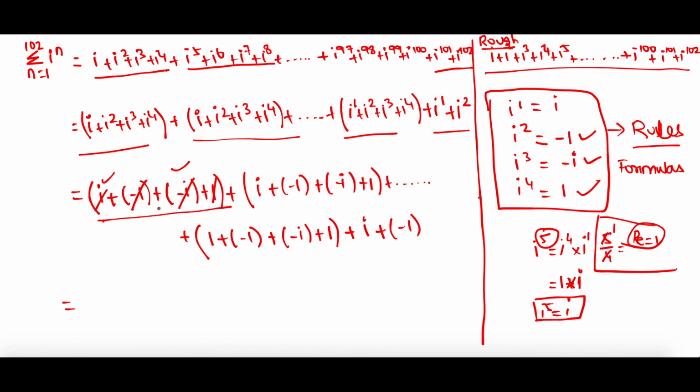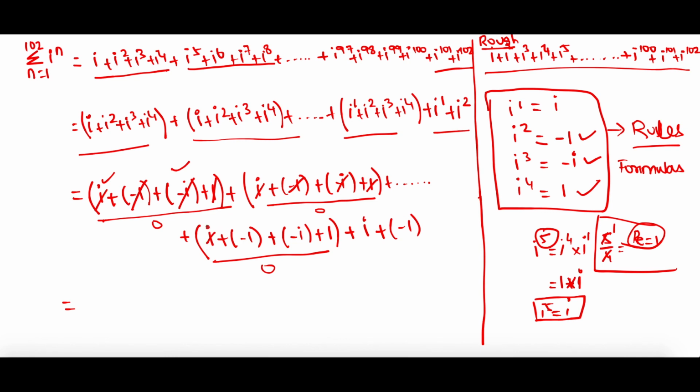The result of this cancellation is going to be 0. So any bracket we are going to get is going to be 0, 0 and 0 here as well. So this one we can cancel, and this one: 1 minus 1 is equal to 0, i minus i is equal to 0.